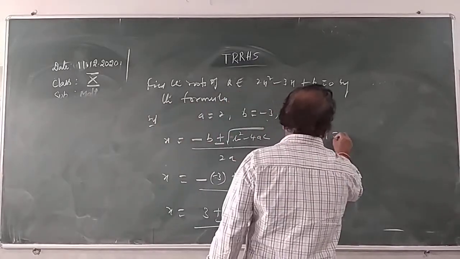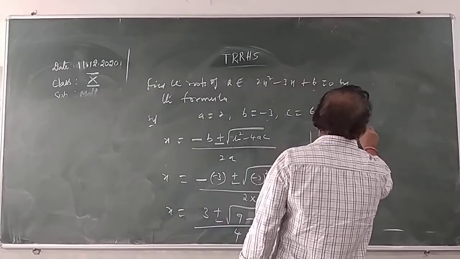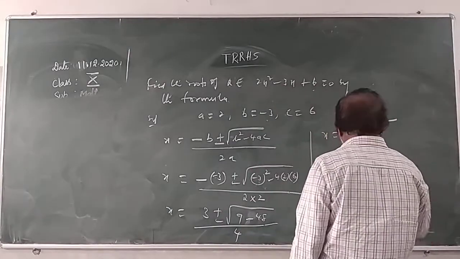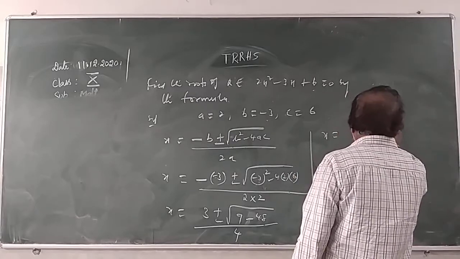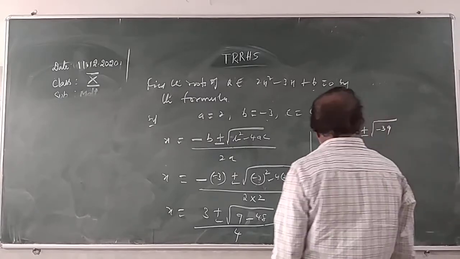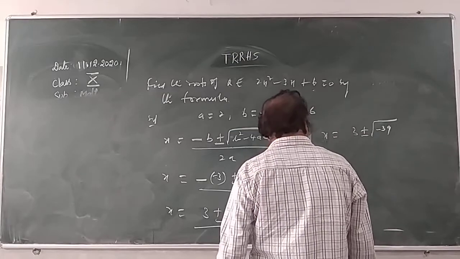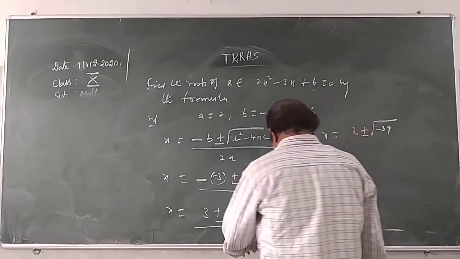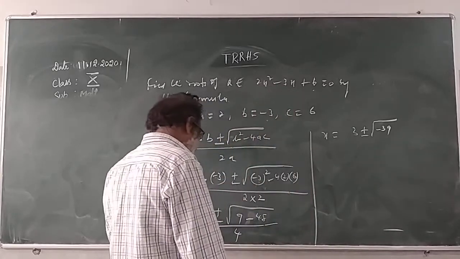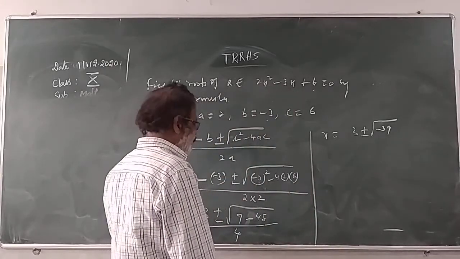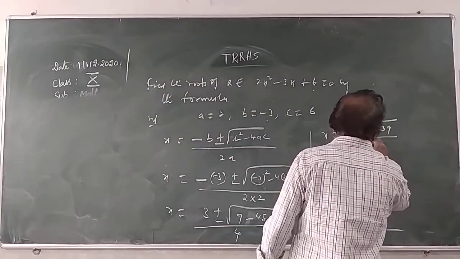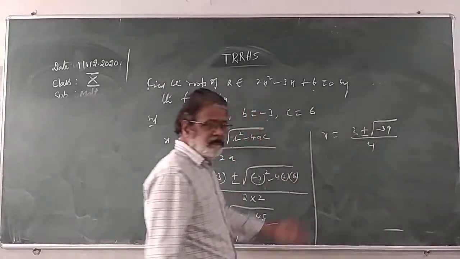X is equal to 3 plus or minus under root 9 minus 48, that is minus 39, by 4.